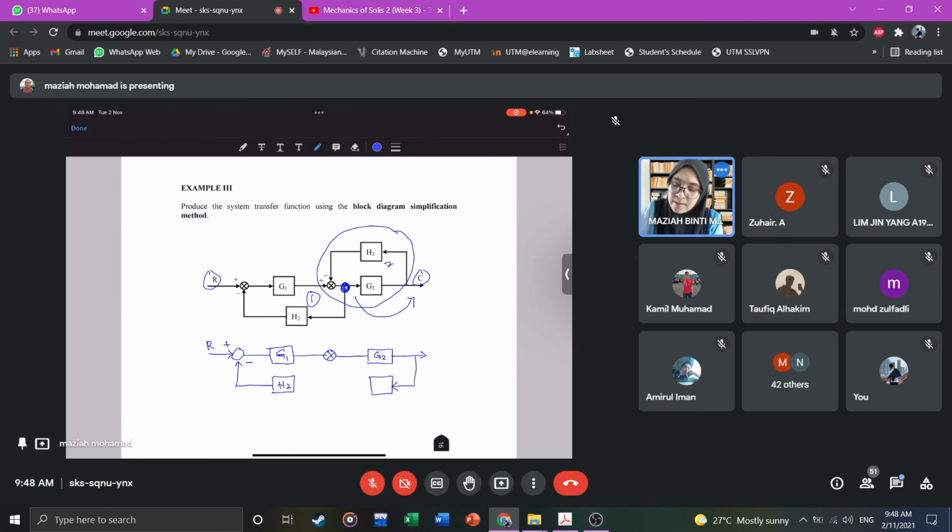The pick-off point moved toward the output gives 1 over G2. Right, and then this one here is still there, H1.